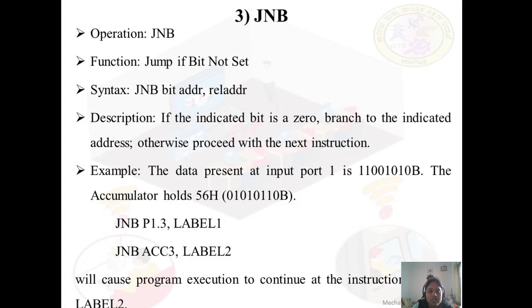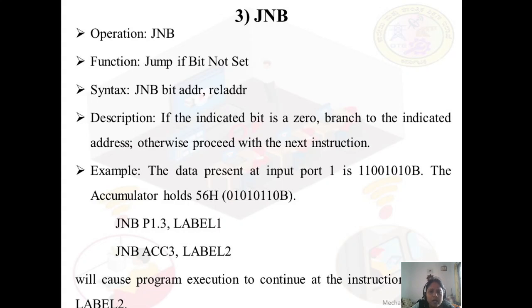Let us consider an example. The data present at the input port 1: see, port 1 we are having this data and our accumulator is having 56H. If we see the example here, JNB P1.3 label 1. So JNB means what? Jump if bit not set. If it is 0, then only you have to jump.